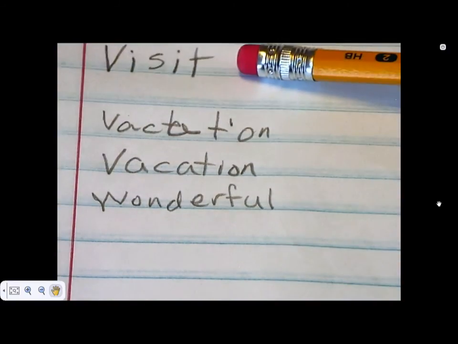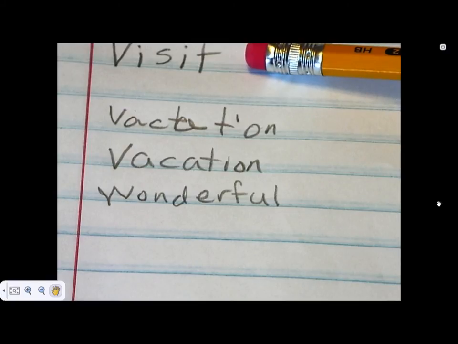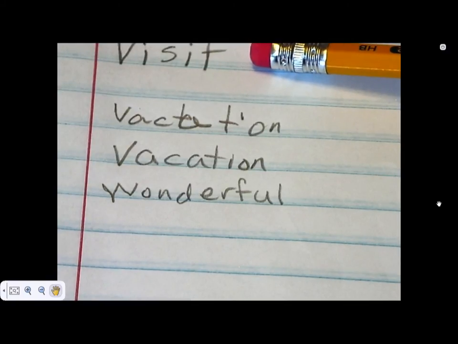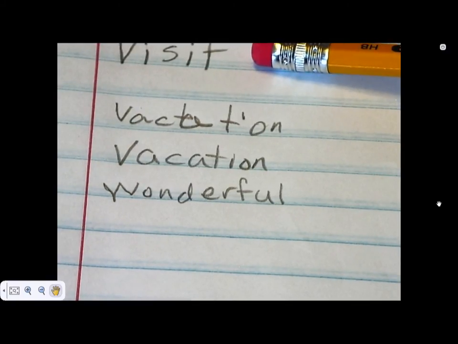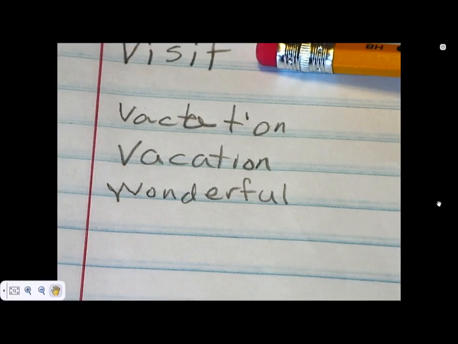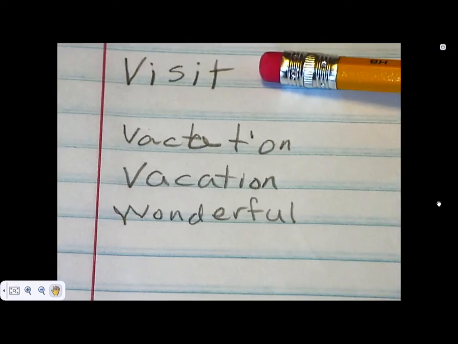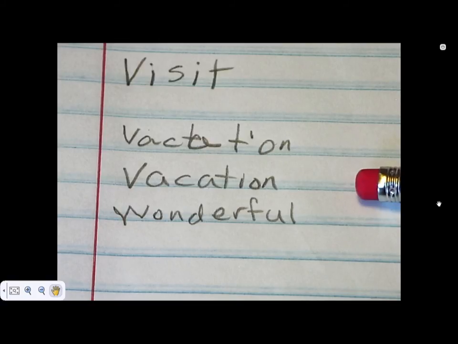So, when you visit a place, you spend time there. Jen goes to visit her grandparents every week. That means she goes to spend time with her grandparents every week. Vacation is when you have time off from school or work.